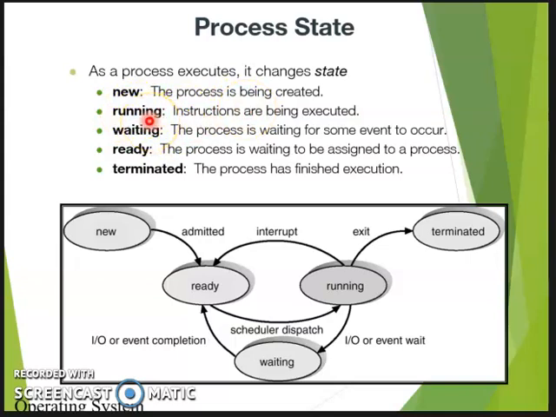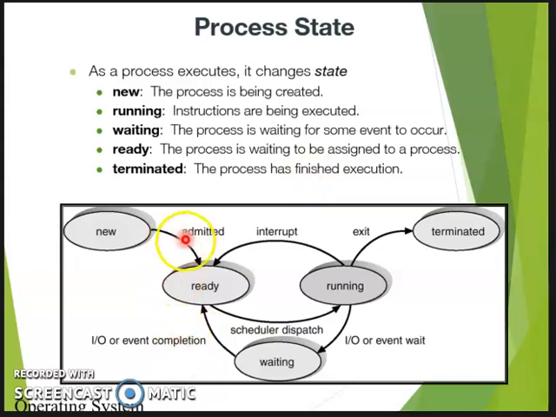Then the running state: the instructions are being executed. If the process is waiting for some event to occur, it is in the waiting state. If the process is waiting to be assigned to a processor, then it is called the ready state. And if the process has finished all its execution successfully, then we call that the terminated state.